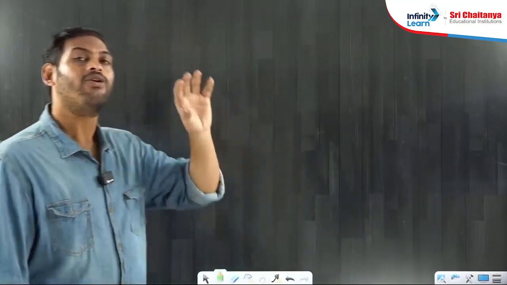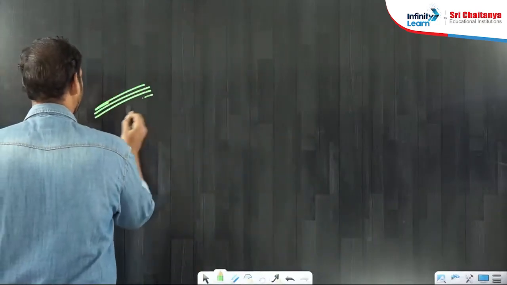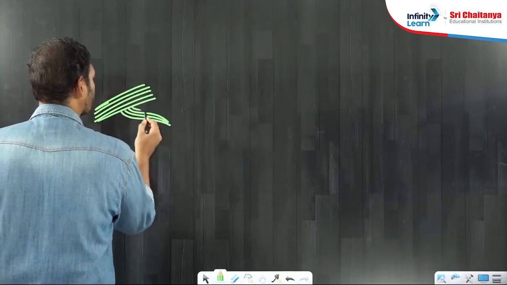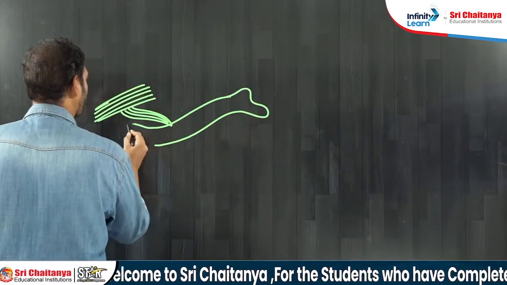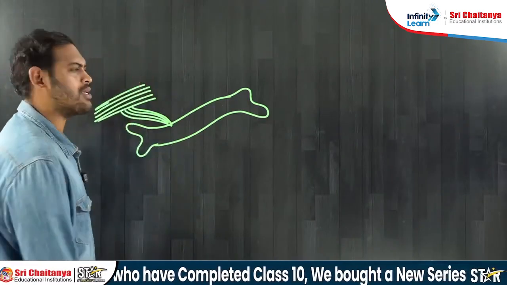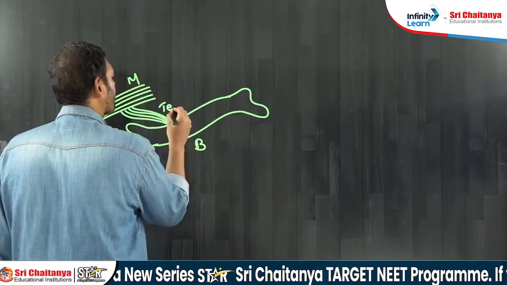Is there any connective tissue which passes energy from muscle to bone? Yes. Energy from muscle to bone is transferred with the help of dense regular connective tissue. Muscle is attached to bone with the help of tendon.